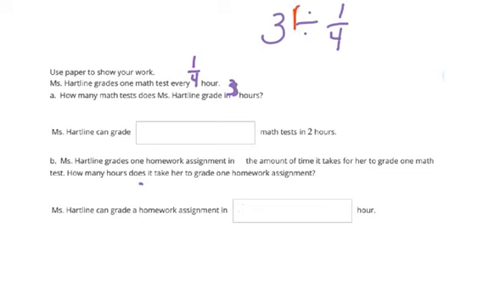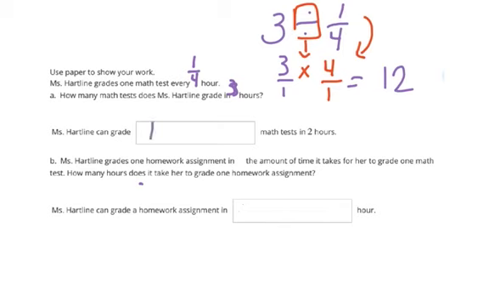We're really multiplying by the reciprocal. So if you got, Ange, she grades 1/12 of a math test in 2 hours? She doesn't even grade one whole math test? She grades 12 math tests in 2 hours.